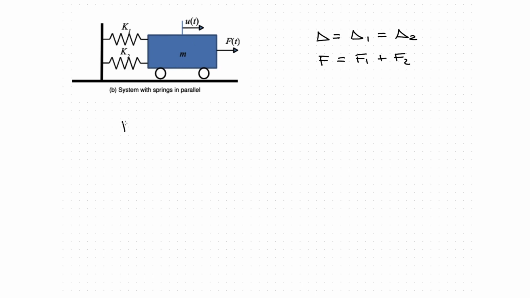The force in spring 1 is equal to its stiffness times its elongation. Likewise, the force in spring 2 is K2 times delta 2. If we replace these into our previous expression, we have F equal K1 times delta 1 plus K2 times delta 2.